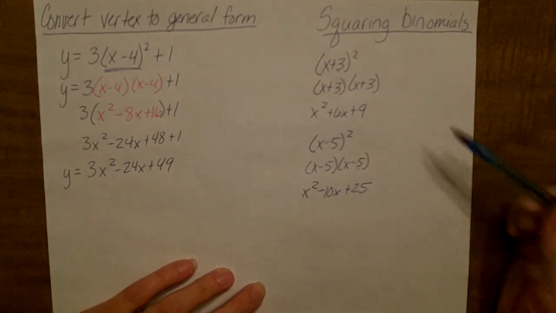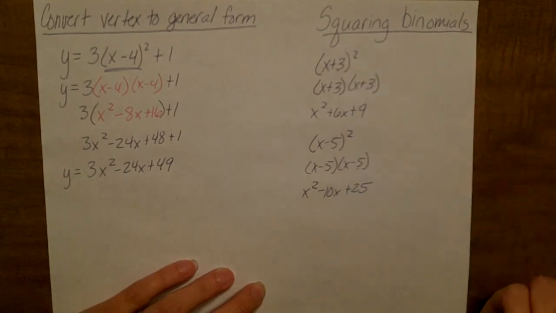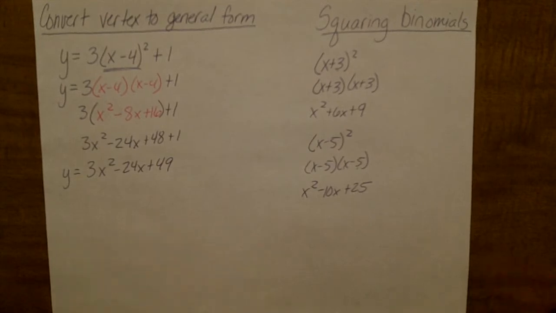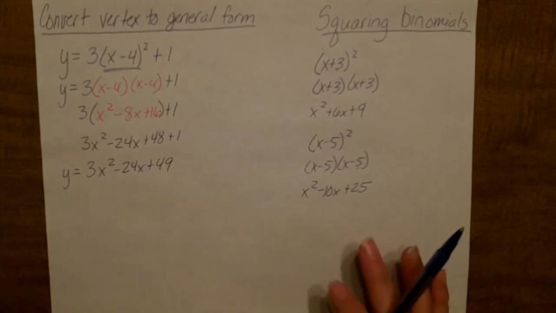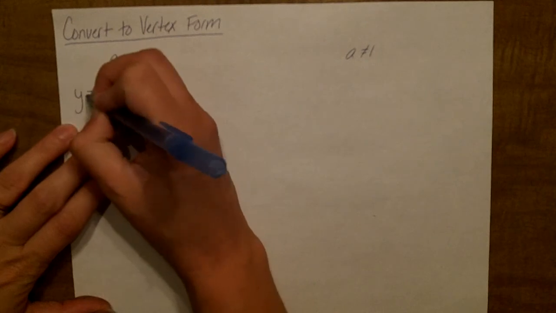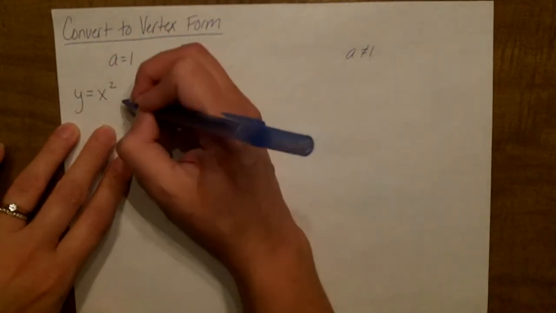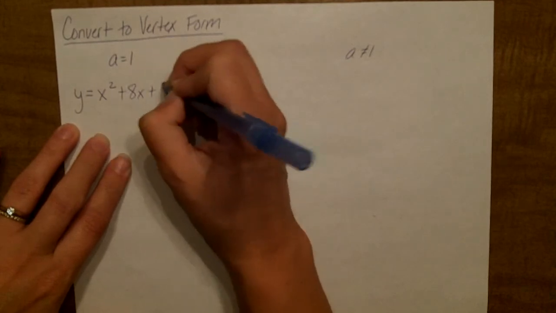We can use this pattern to help us create our own perfect squares so that we can go backwards in this and take something that's in general form and convert it to vertex form. So if we want to go the other direction, we want to start with something in general form. We'll start with one where a is 1 because those are easier to deal with.